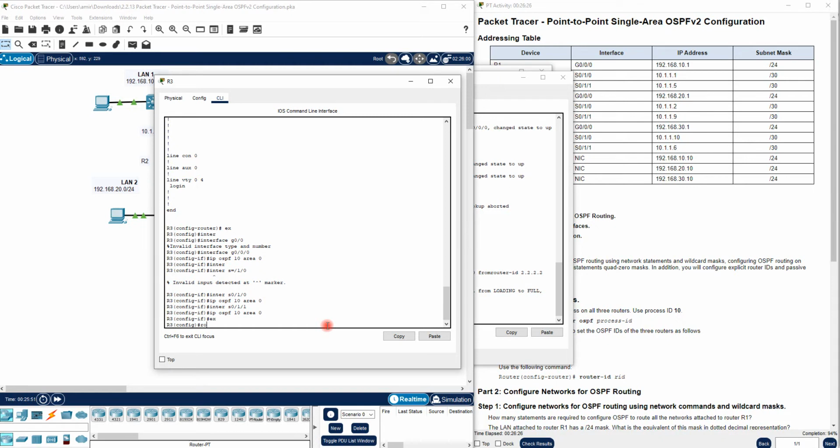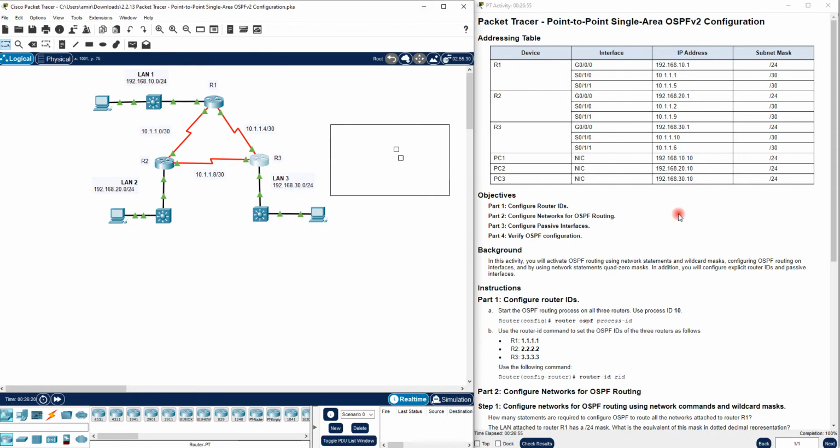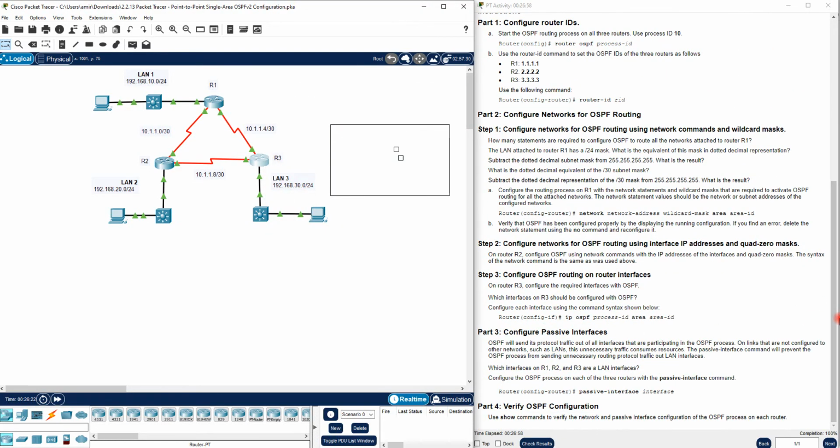Exit router OSPF 10 that we have configured before, and right here passive interface G0/0/0. Okay. The PC doesn't need any status or any advertisement from other devices because it cannot communicate with other routers directly, and it is also a passive interface.